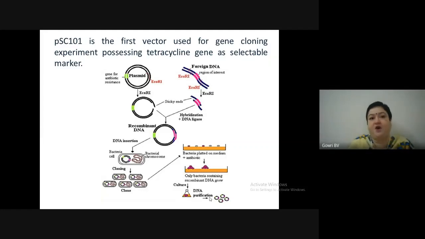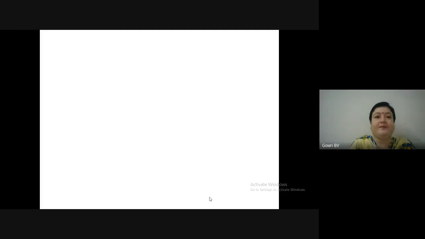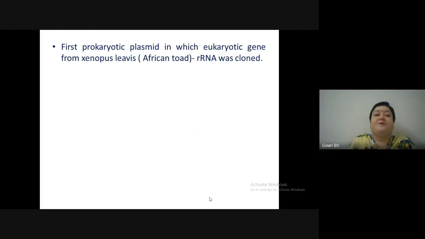So pSC101 is the first vector system used for a gene cloning experiment, possessing the tetracycline gene as a selectable marker. Since this gene lets us select the recombinant cell, you call this a selectable marker. It was the first prokaryotic plasmid in which a eukaryotic gene, rRNA from the African toad Xenopus laevis, was cloned.